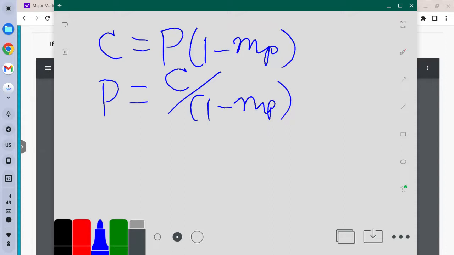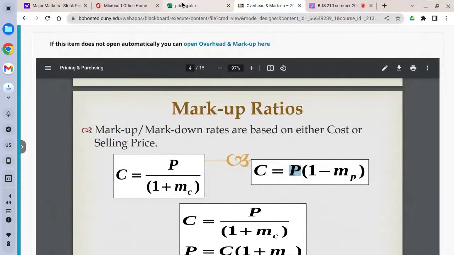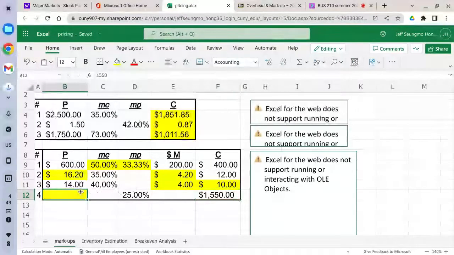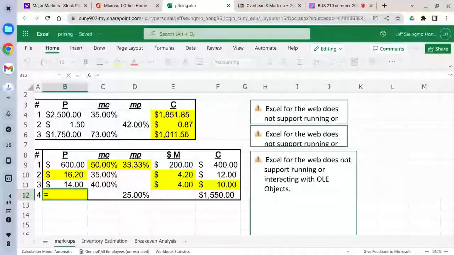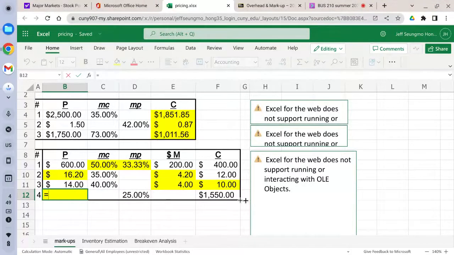It's just logic. Math is very low level. C over 1 minus MP, okay?